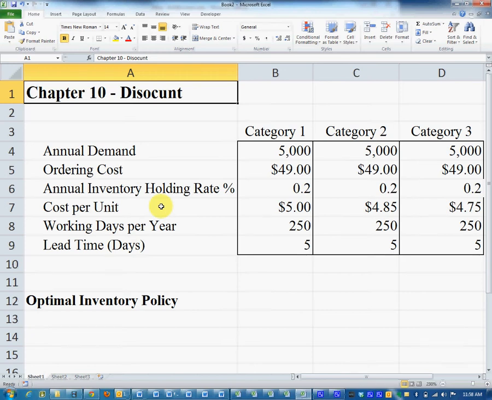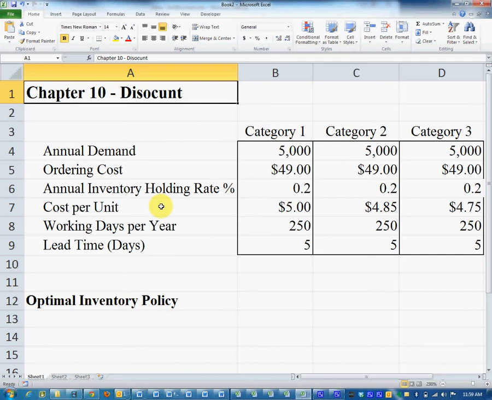What we have here is a situation, well, I'll read you the problem real quick as you're typing. Quantity discounts occur in numerous situations in which suppliers provide an incentive for larger order quantities by offering lower purchase costs when items are ordered in larger quantities. So bulk discounts was what we're talking about. In this section we show how the EOQ model can be used when quantity discounts are available.